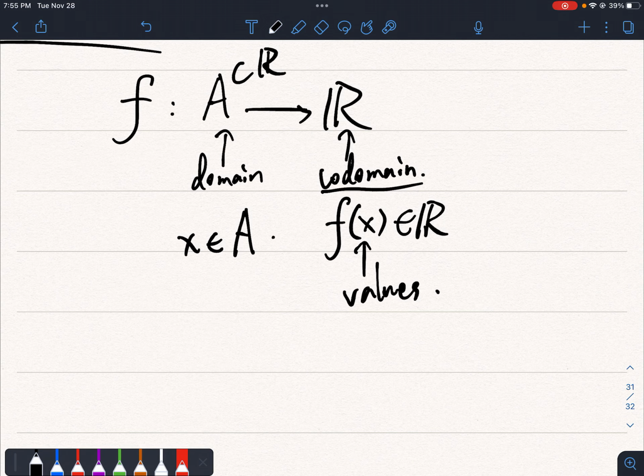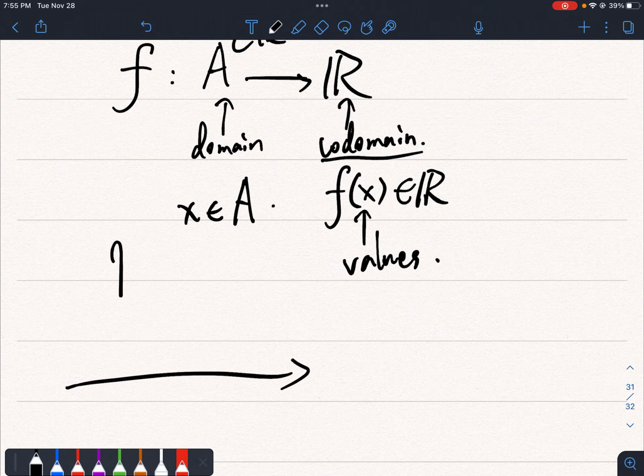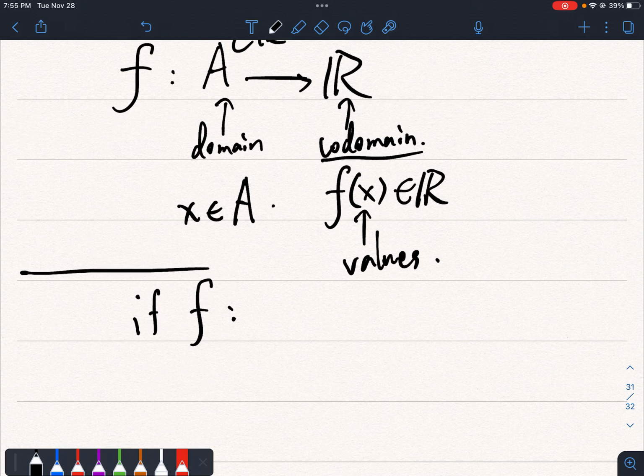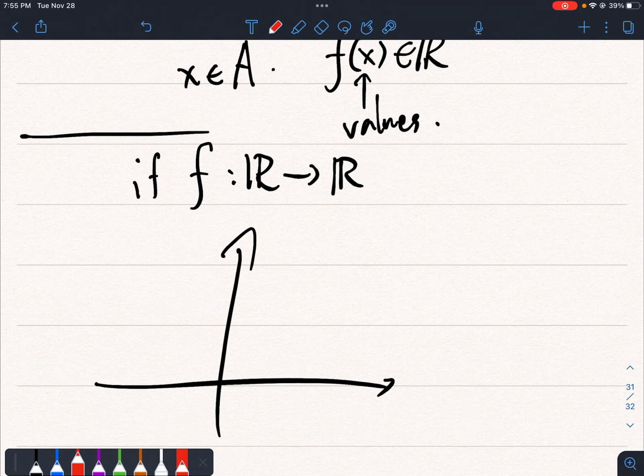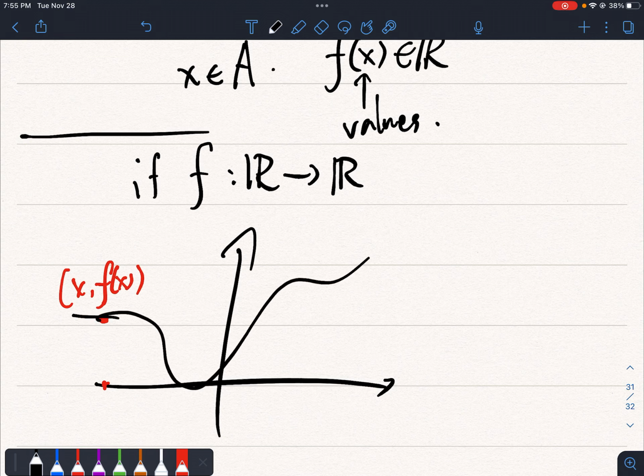And for each real valued function, we can sketch a graph. So in the simplest case, if f is from R to R, then we can sketch a graph like this. We can assign to each x a value, let's say x comma f of x. This point means that the value at x is f of x, so we denote this here. Okay, so then we'll have a graph.